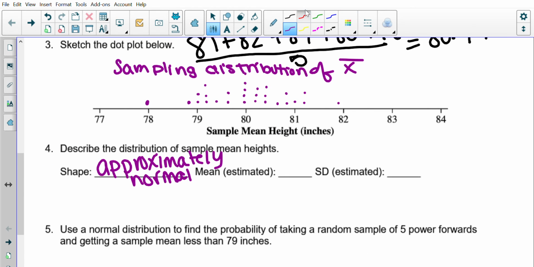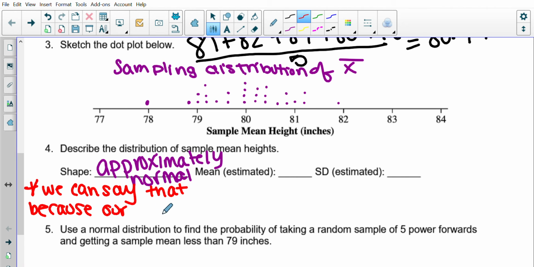So that's something we might want to write down, okay? So we can say that because our population distribution, and I'm just shorthanding, is normal.